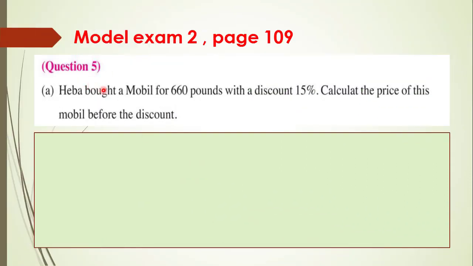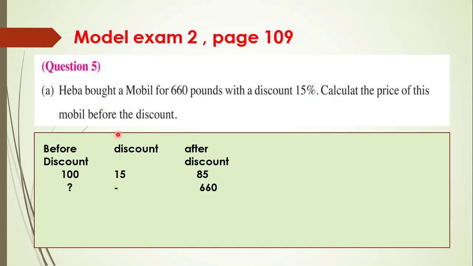Question number 5. Heba bought a mobile for 660 pounds with a discount 15%. Calculate the price of the mobile before the discount. So we have before discount and after discount. We will put a phase. If before discount the cost of this mobile was 100 and we have a discount of 15, it means that the price after discount is 85.